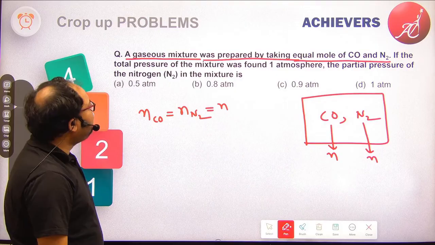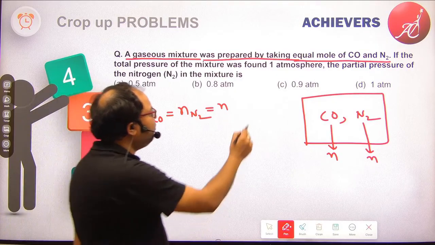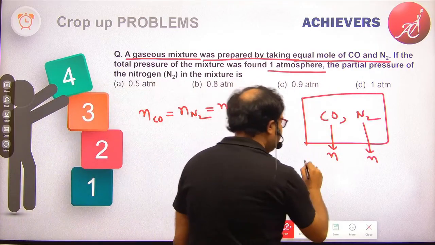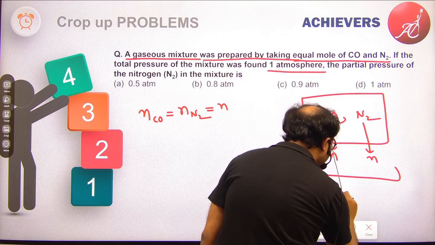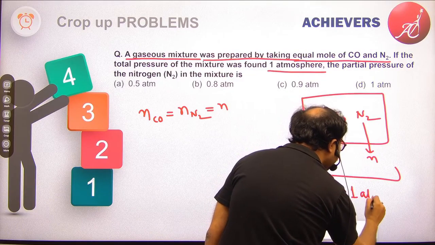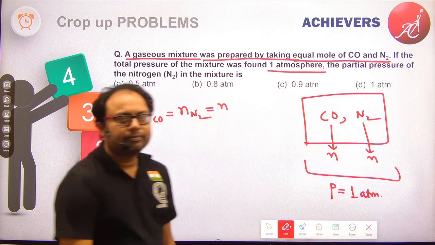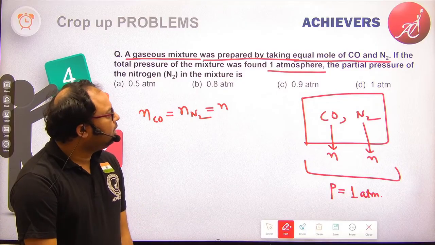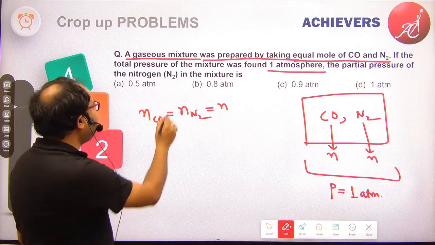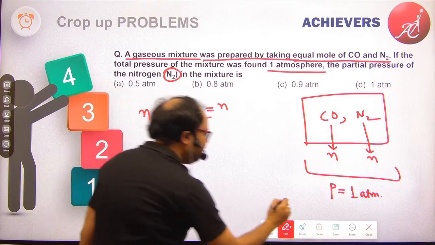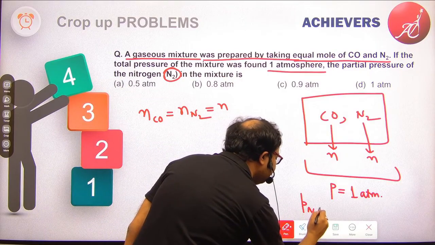And the total pressure of the mixture was found to be 1 atmosphere. What is the partial pressure of nitrogen? You have to calculate it.